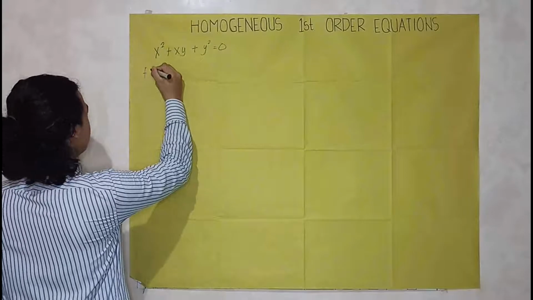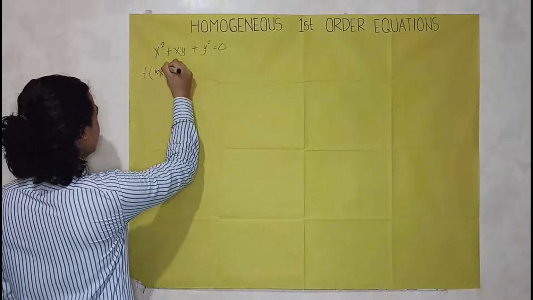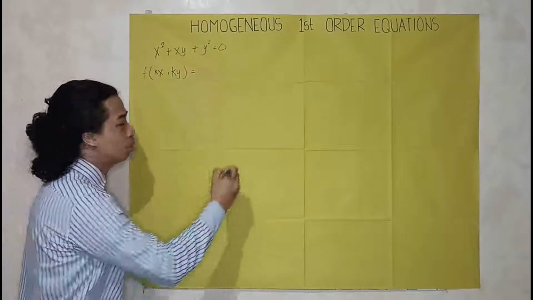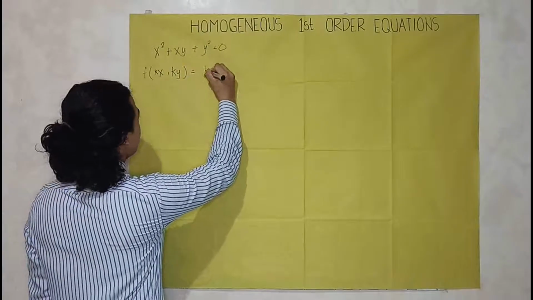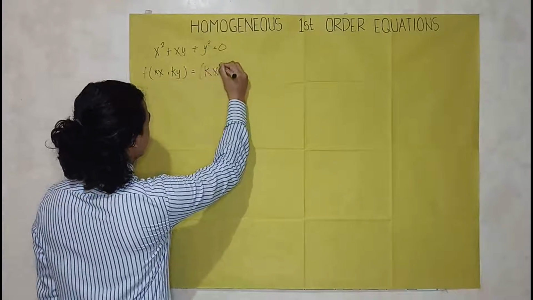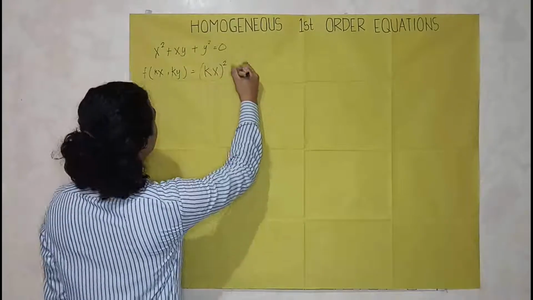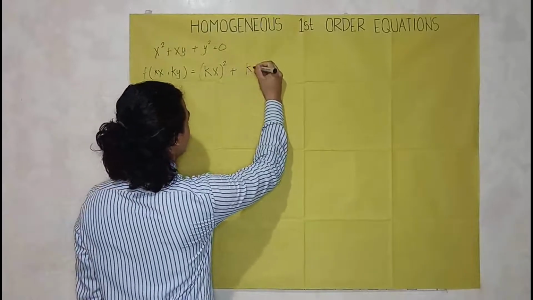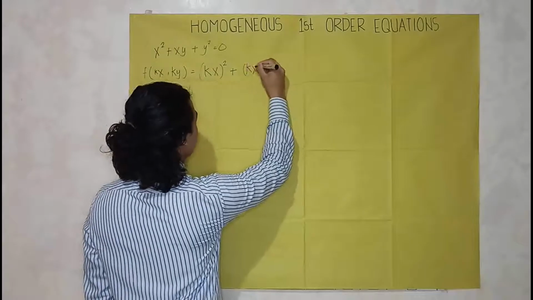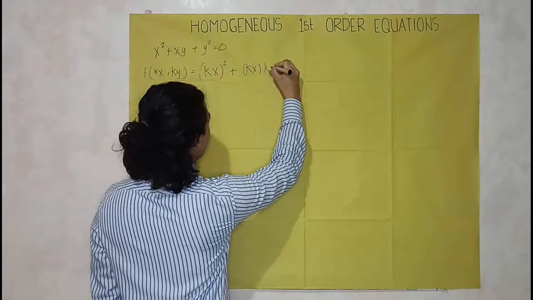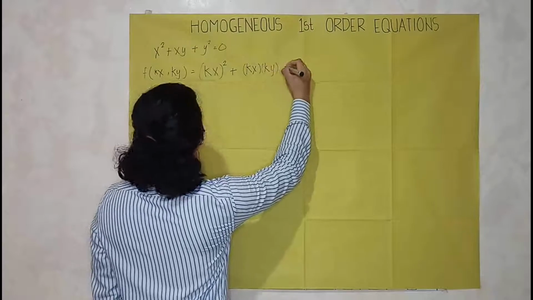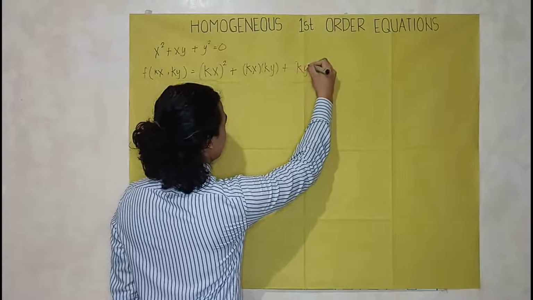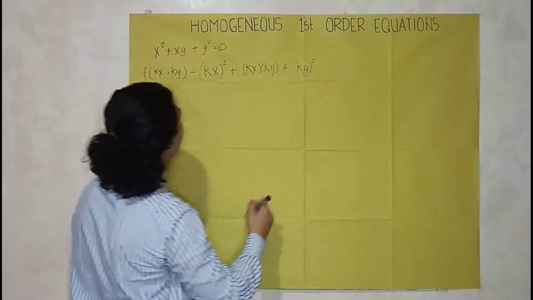Magiging f of kx, ky is equal to kx squared plus kx ky plus ky quantity squared.